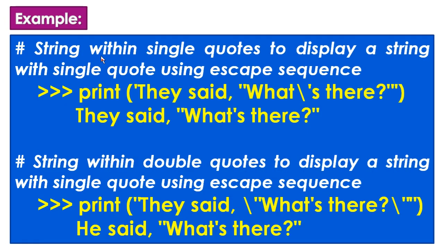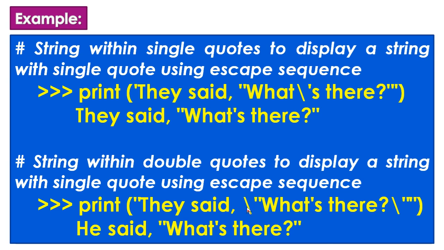Next example, string within single quotes to display a string with single quote using escape sequence. In this one we are printing the single quote by using the escape sequence backslash in front of the single quote. To print a single quote we should use a backslash in front of the single quote. In the third example, here we are printing double quotes.